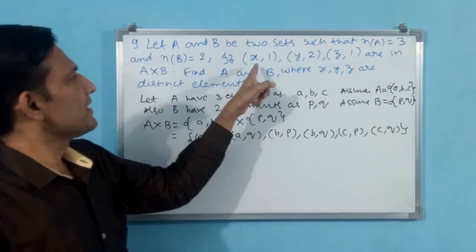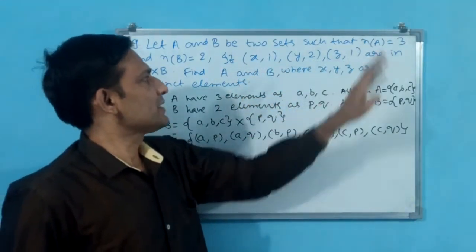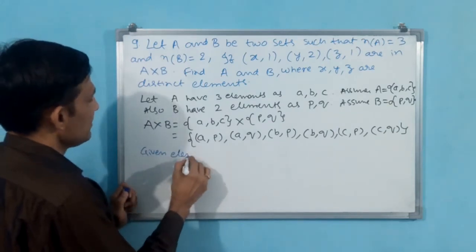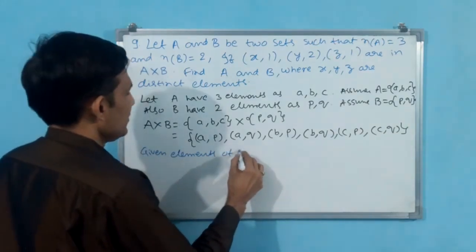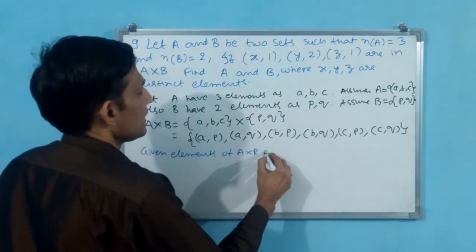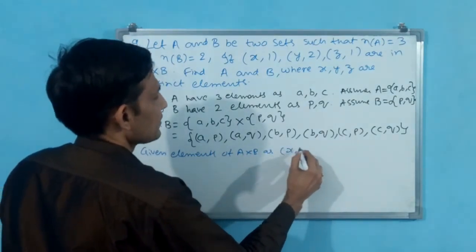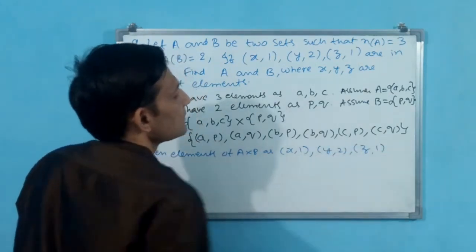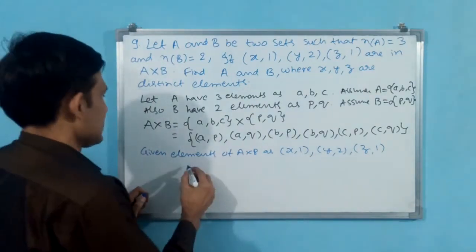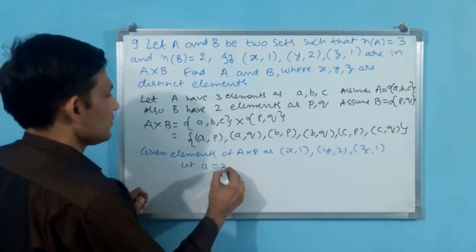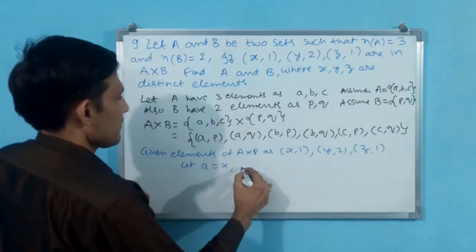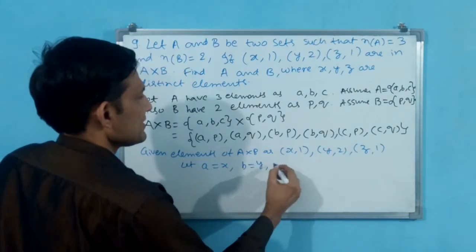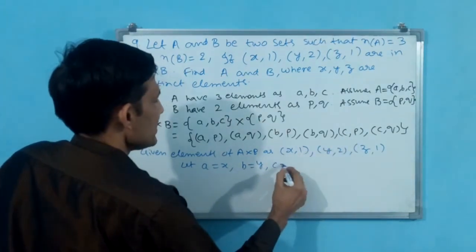Now, what has he given? (x, 1), (y, 2), (z, 1) are given as elements of A cross B. Let a is equal to x, b is equal to y, c is equal to z.